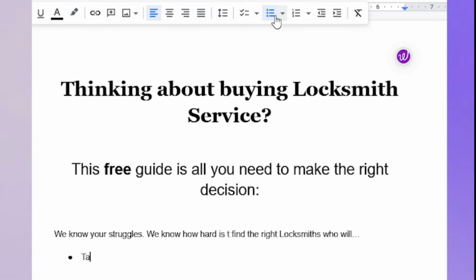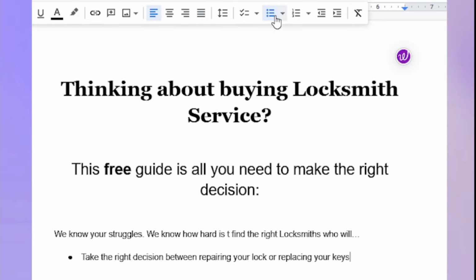Bullet point number 1, take the right decision between repairing your lock or replacing your keys. So this free guide is all you need to make the right decision.